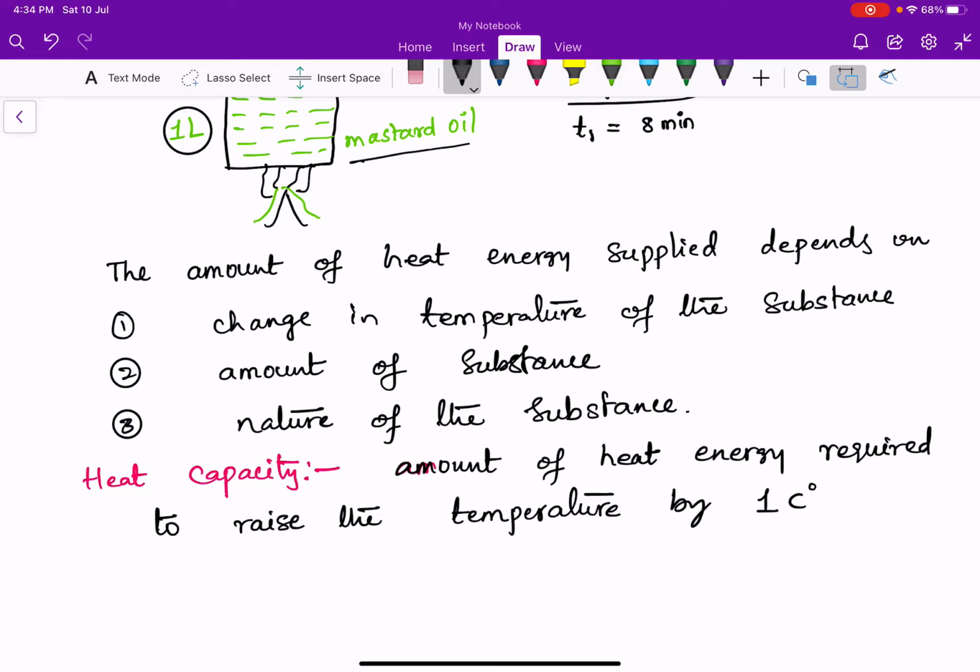So here heat capacity C is equal to amount of heat energy required to raise the temperature by 1 unit.